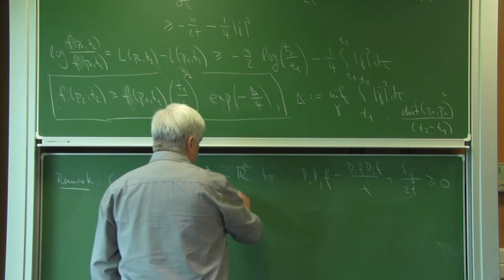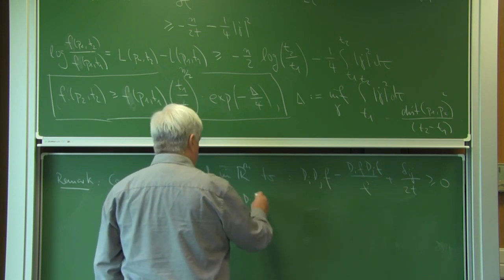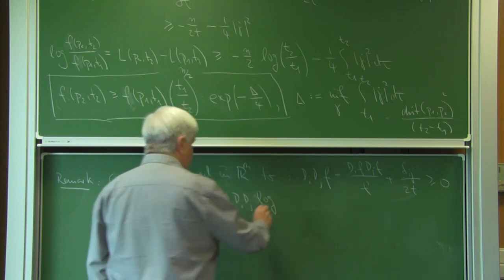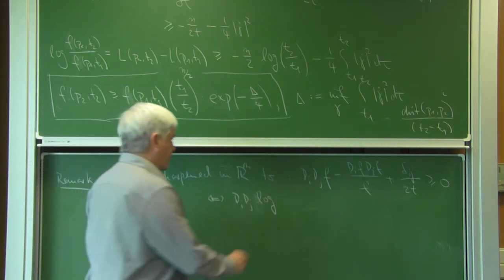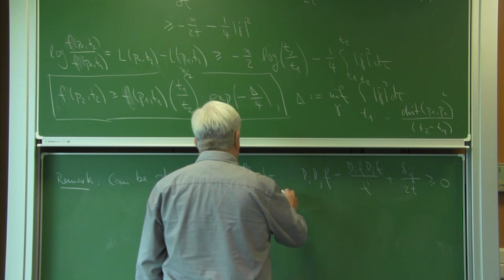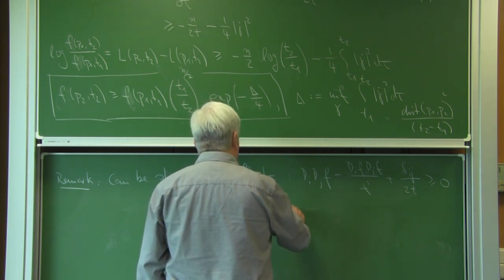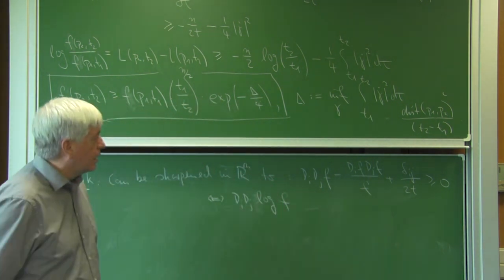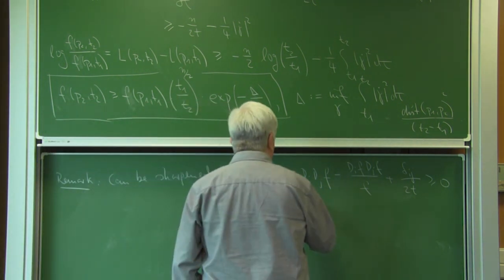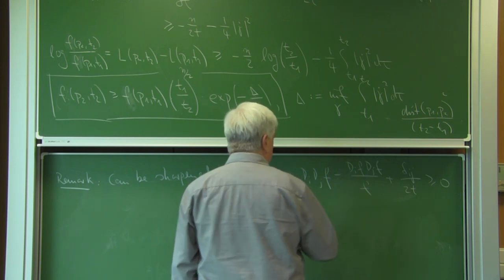saying that the Hessian of the logarithm of f is greater than minus δij over 2t.